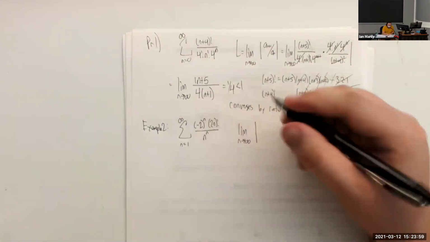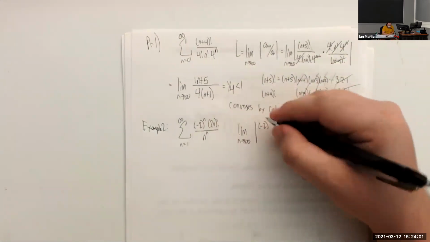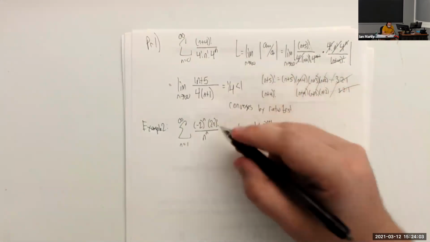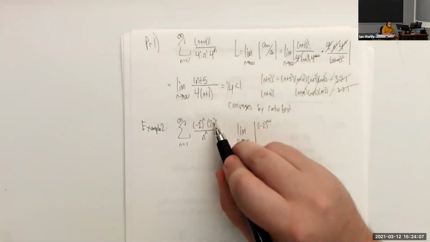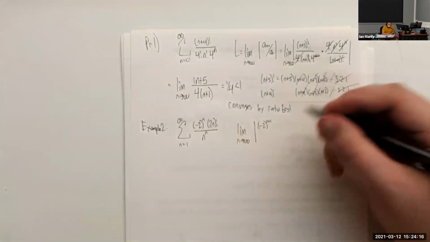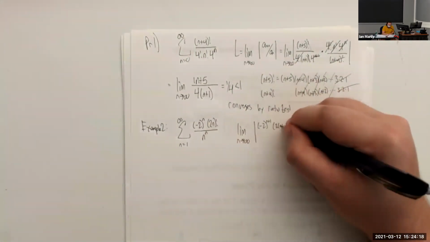I'm going to put in negative 2 to the n plus 1. Now, this is where things get a little bit confusing. The plus 1 for the n goes exactly where the n is. So since this n was multiplied by a 2, the n plus 1 will be multiplied by a 2.